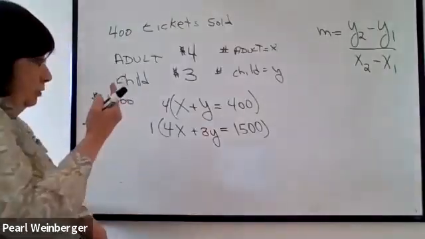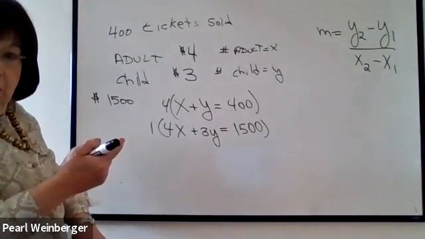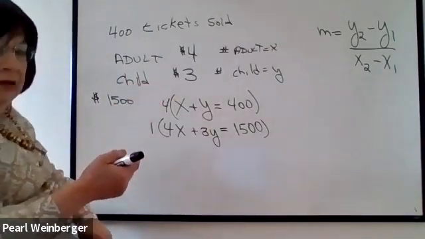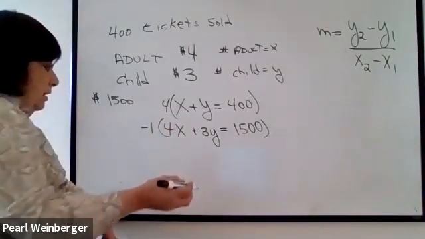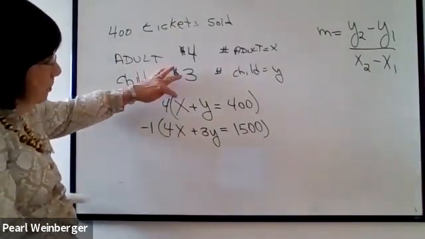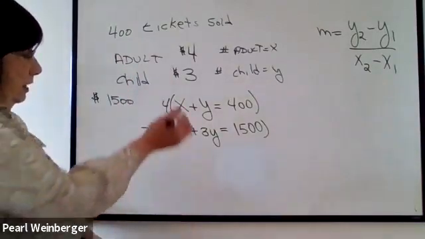And I have to think, do I need a negative or not? Can I just use positive numbers, or do I have to put a negative? Negative. I have to put a negative, and it doesn't matter which one I make negative. I don't make both of them negative, because I want them to end up being the same number, but one being positive and one being negative.